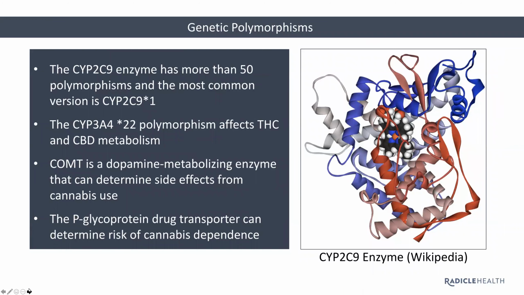Going back to earlier, the CYP2C9 enzyme has more than 50 polymorphisms, and the most common version is number 1. With CYP3A4, the 22 polymorphism affects THC and CBD metabolism. COMT is a dopamine metabolizing enzyme that can determine side effects from cannabis use, and the P-glycoprotein drug transporter can determine the risk of cannabis dependence.